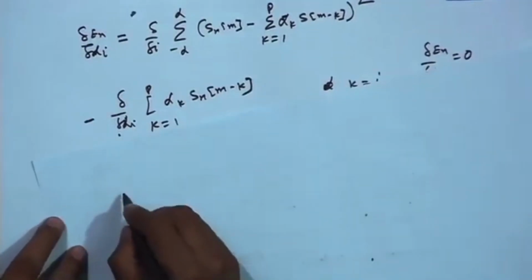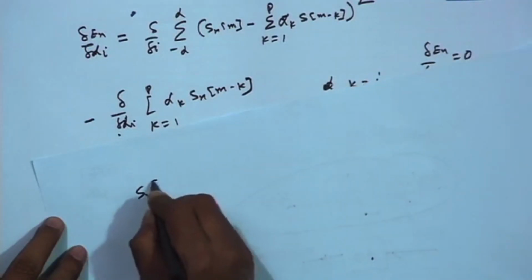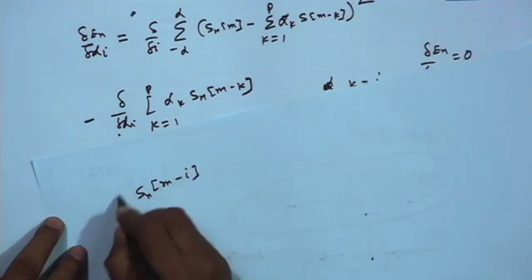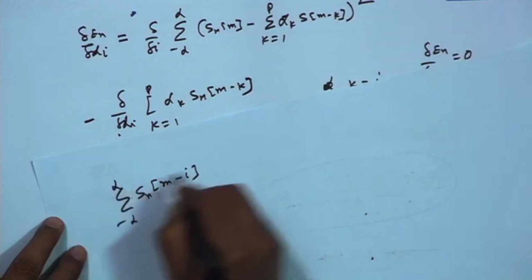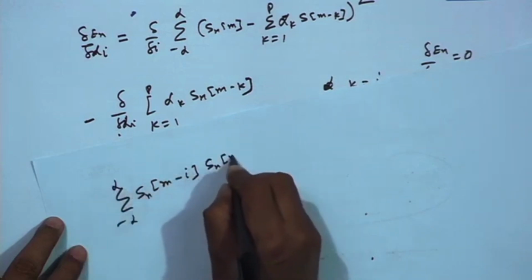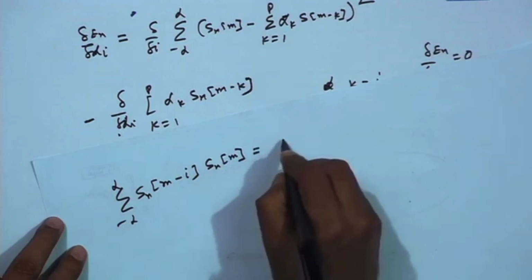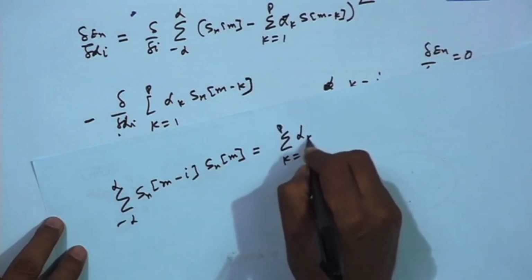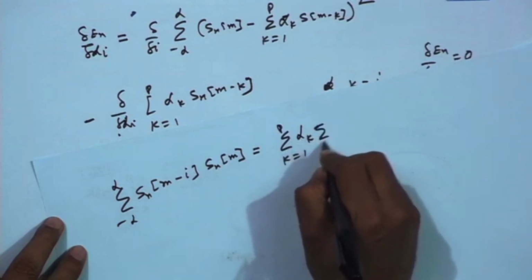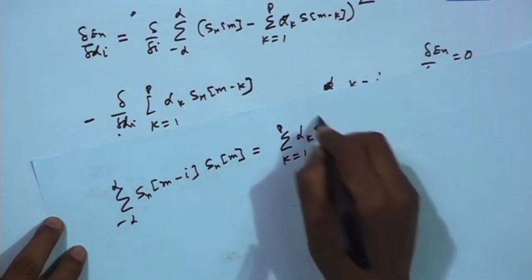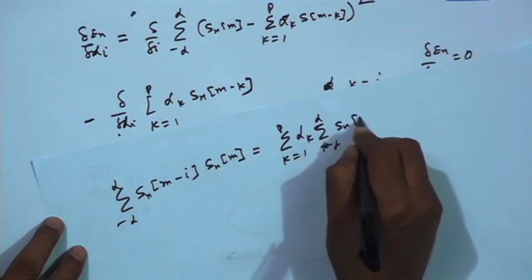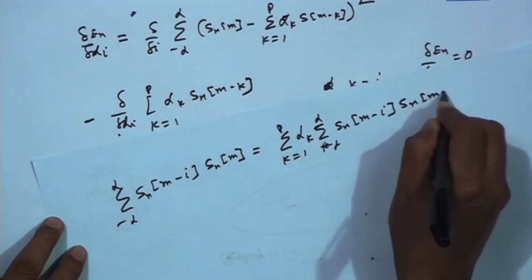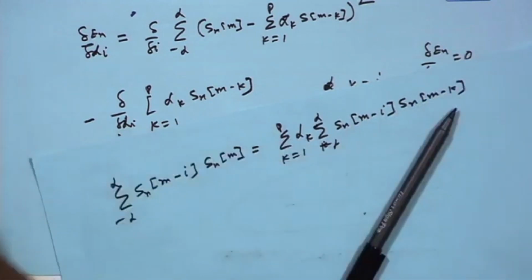So, I can say S n m minus I, minus infinity to infinity, into S n m, equal to the sum over k equal to 1 to p of alpha k, sum over minus infinity to infinity S n m minus I into S n m minus k. So, you just can do this.